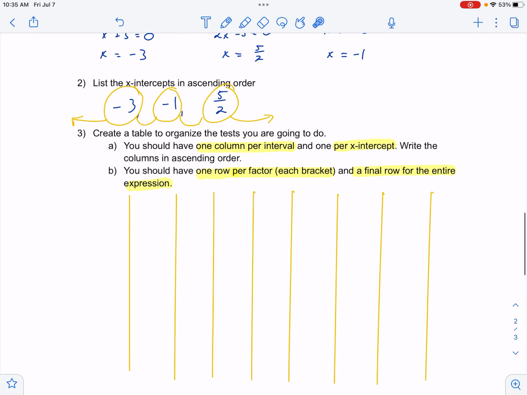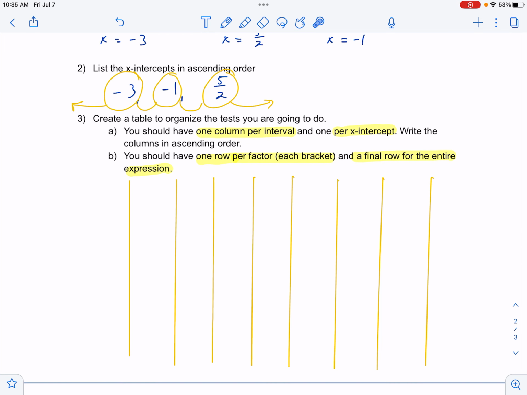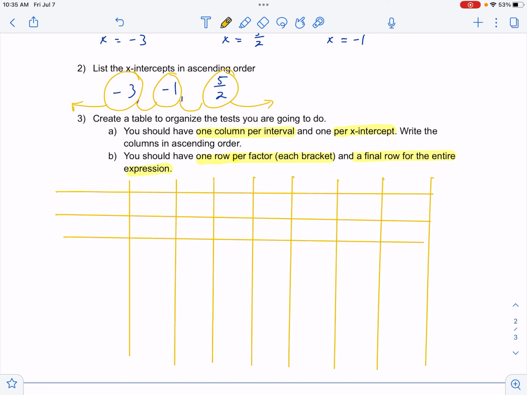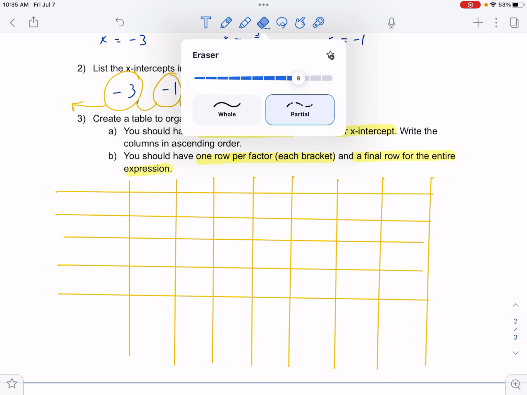And I also need 1 more for the final expression, so I need a total of 4, plus a header. Okay, now let's erase all this extra space.